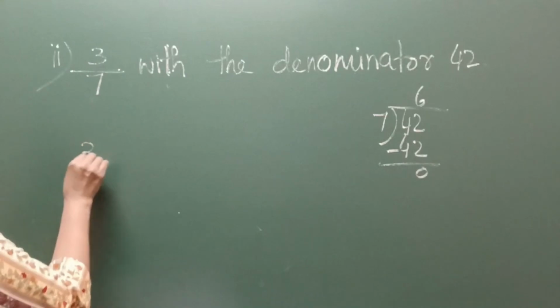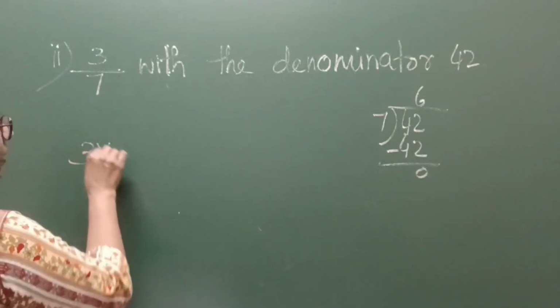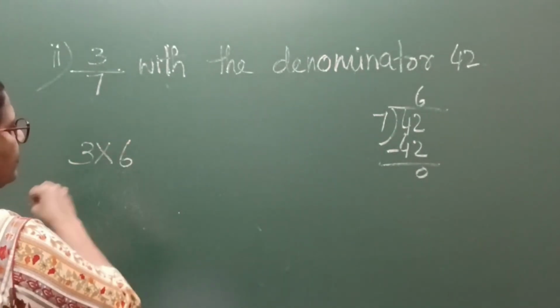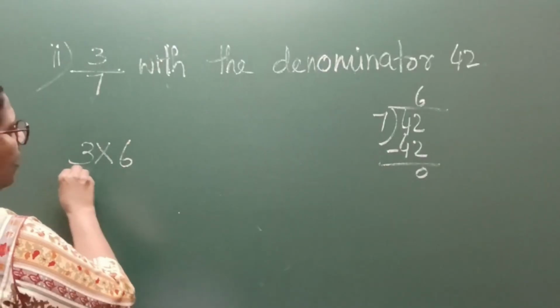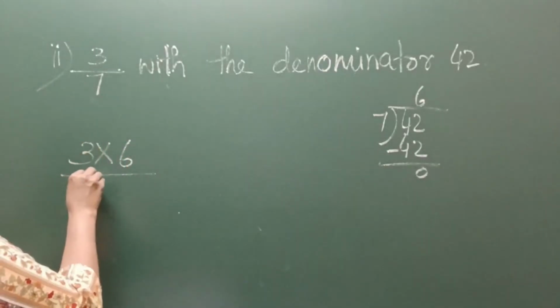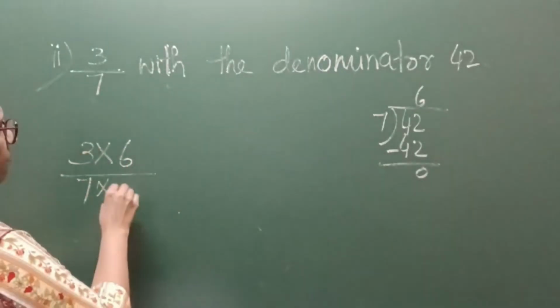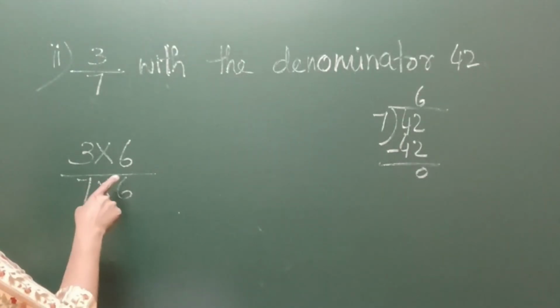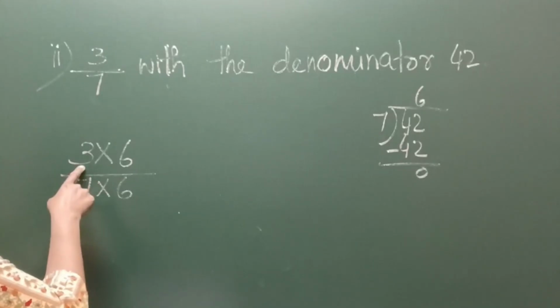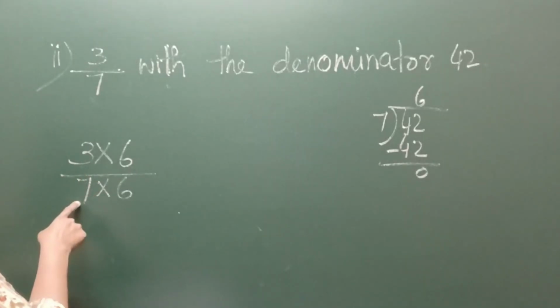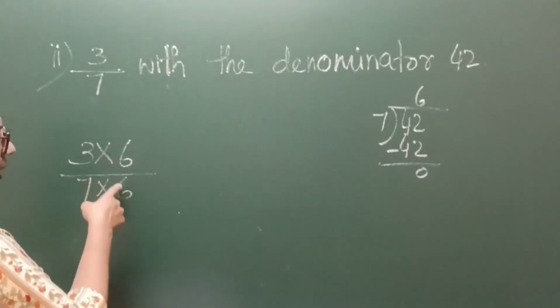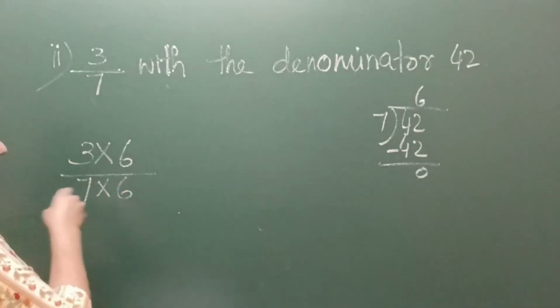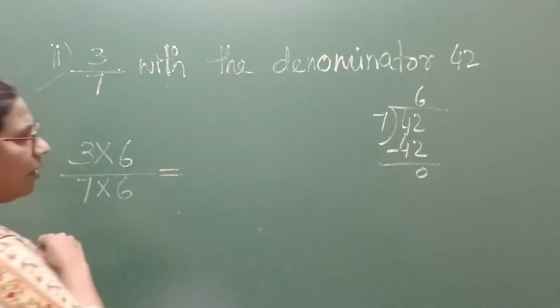So here 3 into 6 upon 7 into the same 6. We have to multiply numerator and denominator by the same factor, then we get an equivalent fraction.